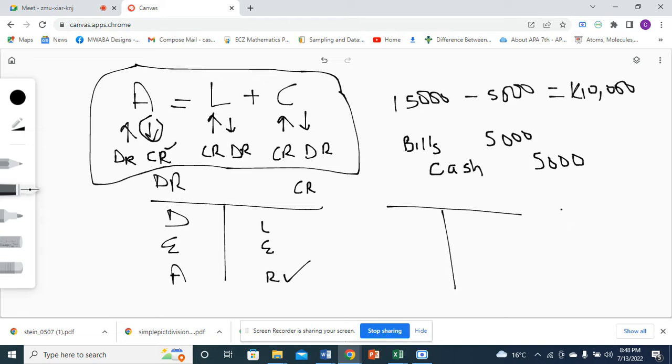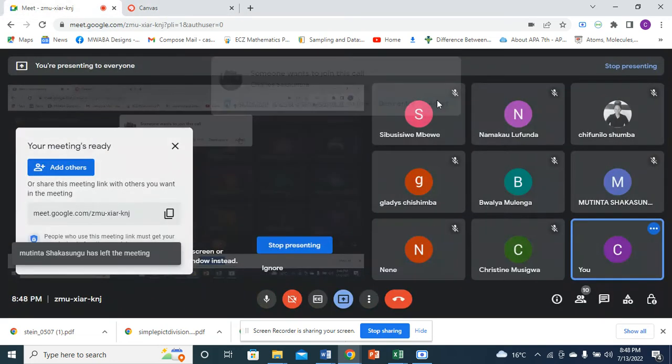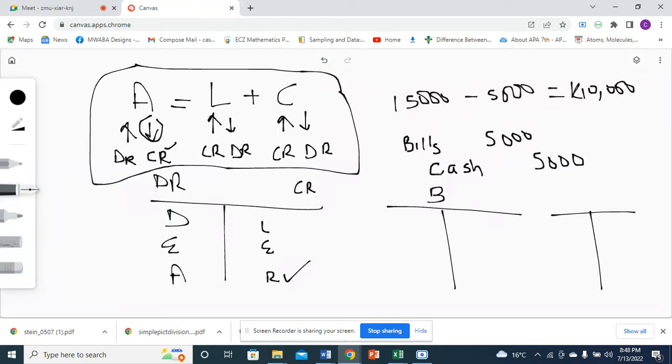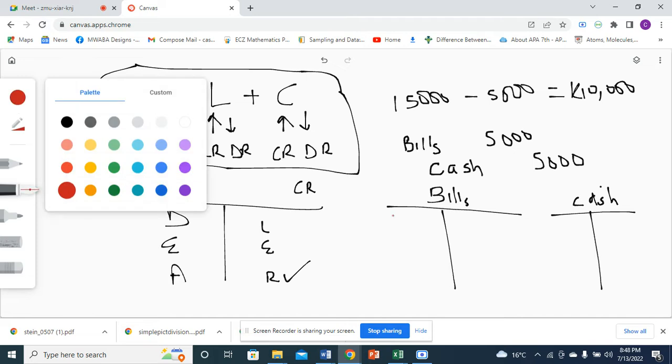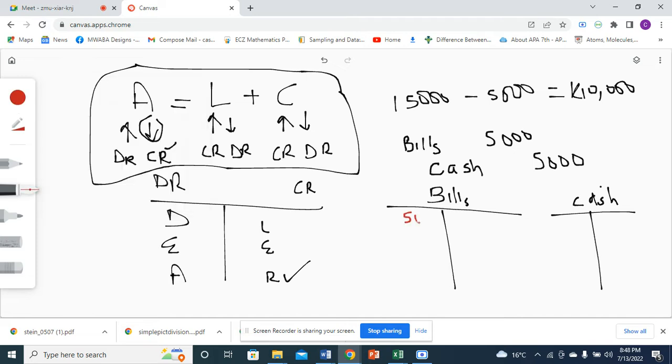So what we're going to do, we open the T accounts, bills here, and cash here. Bills debited 5,000 and cash credited 5,000. So these are the undercast entries.